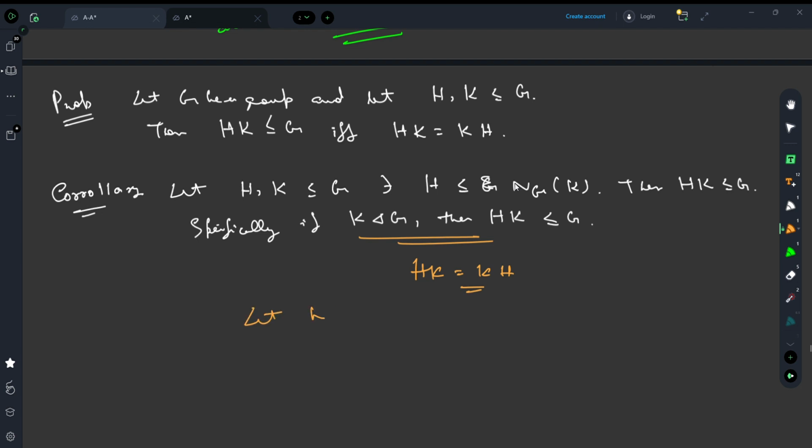So let h be an element from capital H, small k be an element from capital K. Sorry, I don't need to show that hkh inverse is in K as a separate step. This happens because H is a subgroup of the normalizer of K in G, right? Then hkh inverse is inside K, right?